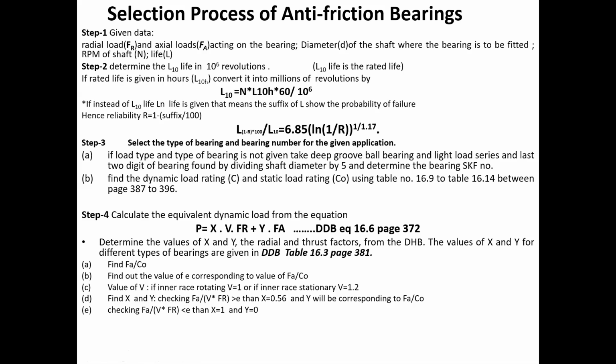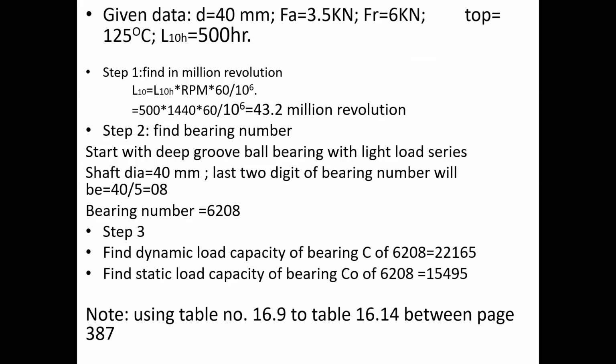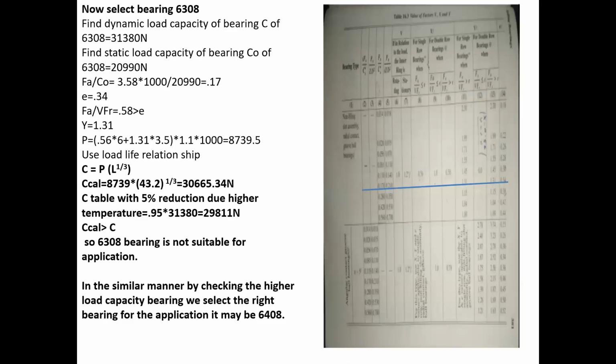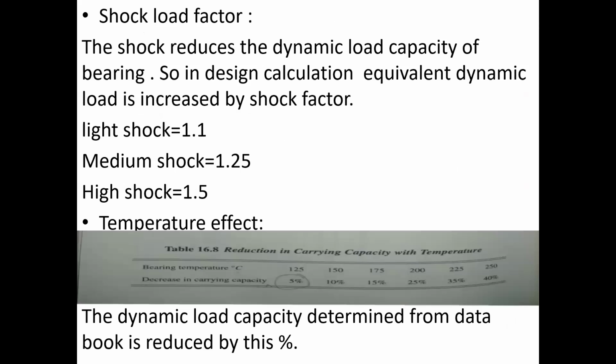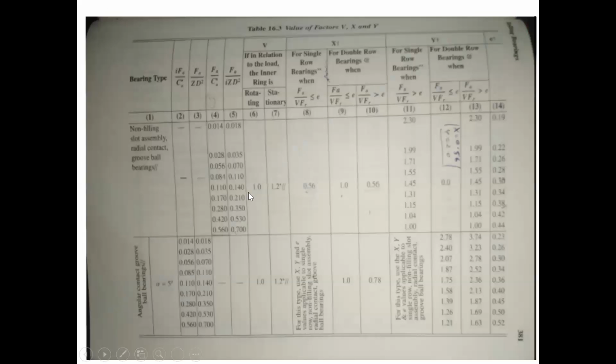So first of all, if you see table 16.3, this is the table in which different types of bearings are given, and data are given for the different types of bearings.